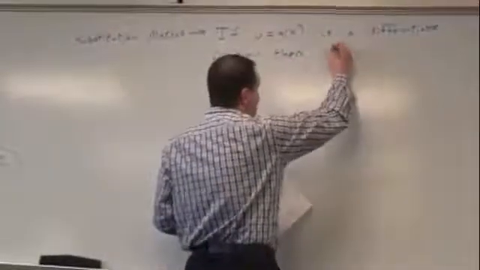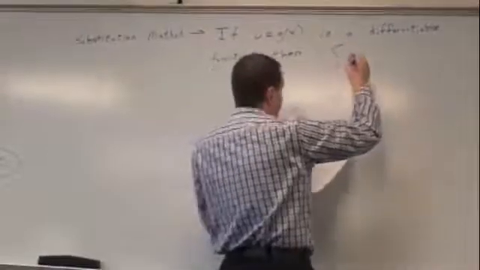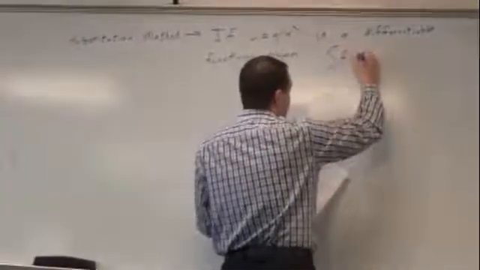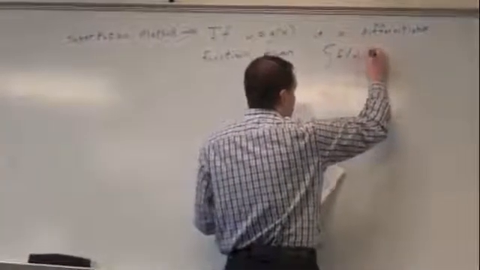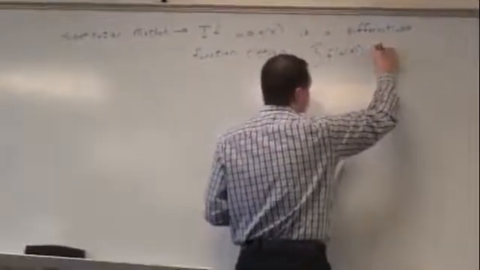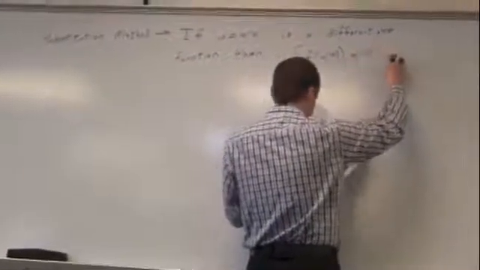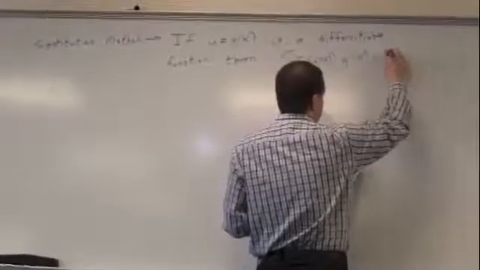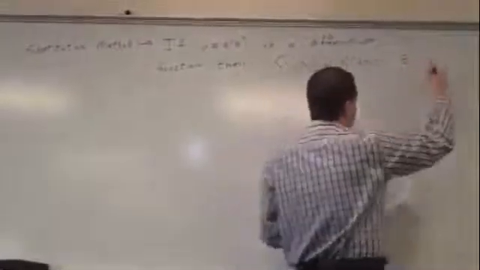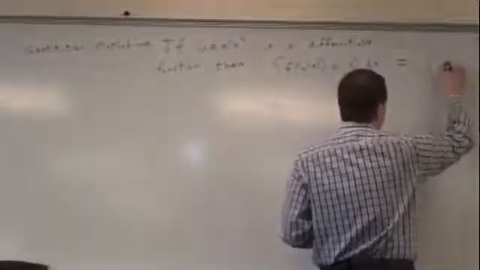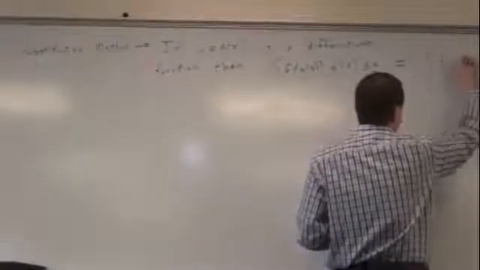I can say the integral of f of g of x times g prime of x dx is equal to the integral of f of this function evaluated at u with respect to u.